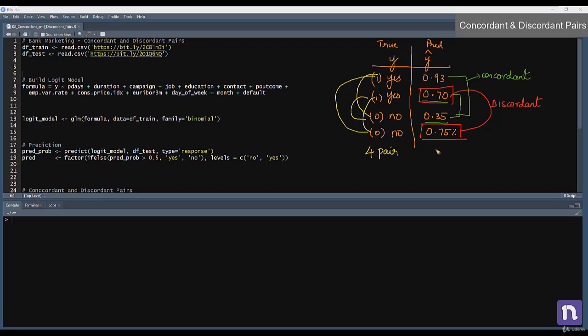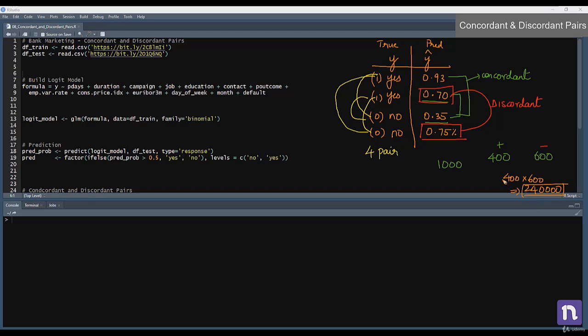Now, suppose we have 1000 rows in your data set, out of which 400 are true positives and 600 are true negatives. How many possible pairs are there? It is nothing but 400 into 600, which would be 240000. These many possible pairs are there.